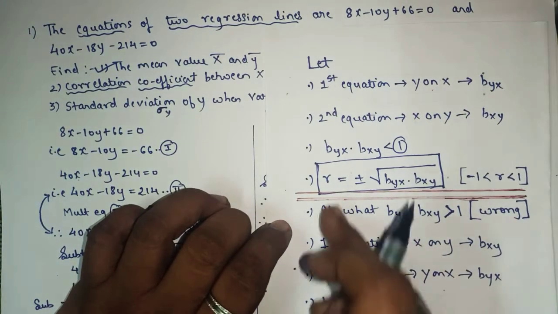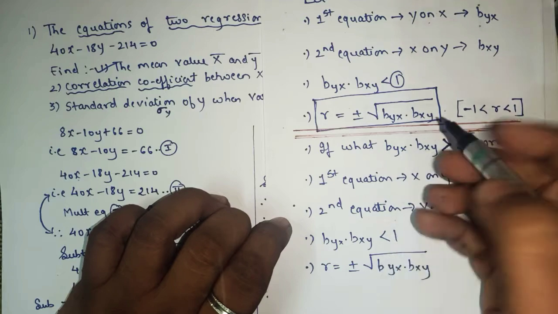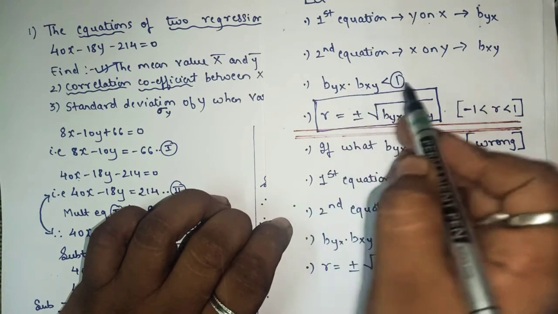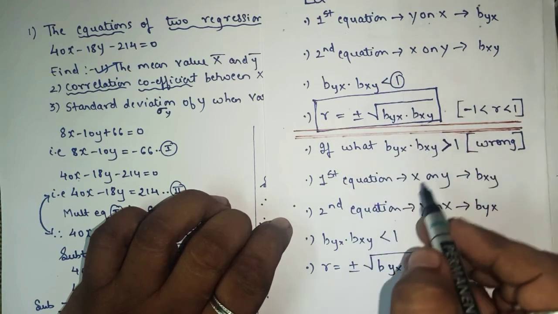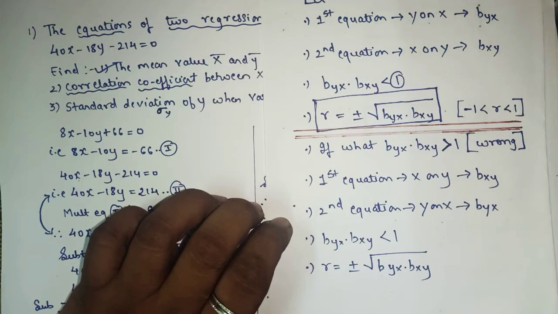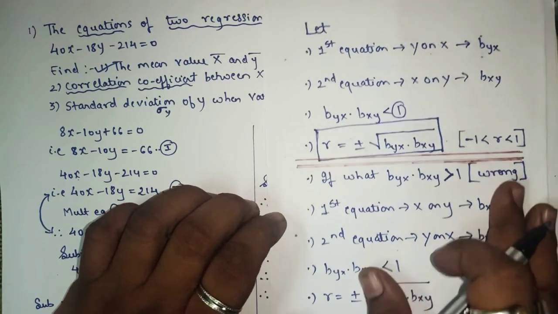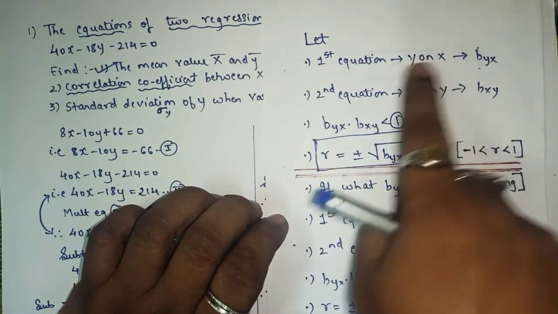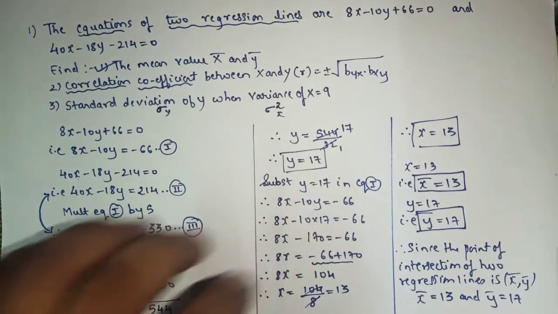If the product of these two values is not less than 1, if it is greater than 1, what exactly do we have to do? That part we'll see in the next lecture. So now we'll focus on this, and consider the first equation as y on x, the second equation as x on y.